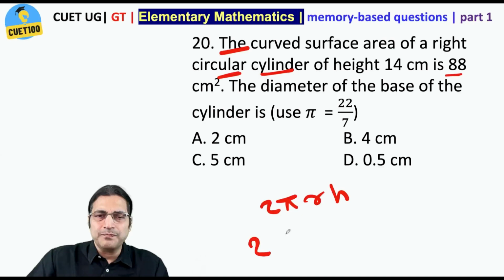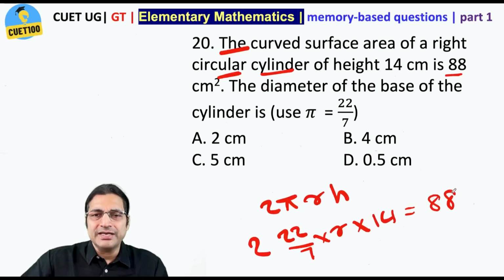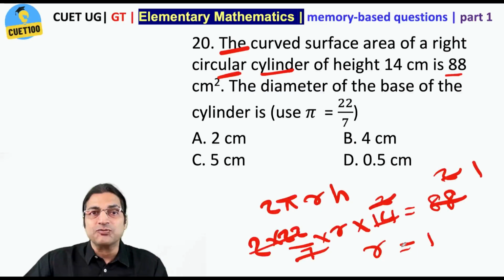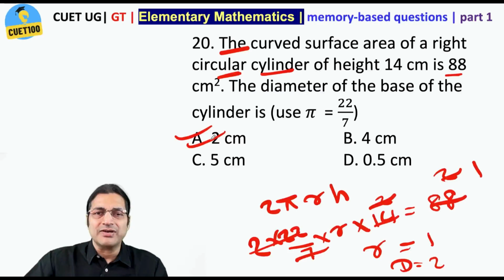So, 2 pi is given to be 22 by 7 into r, and height is given to be 14, and this comes out to be 88. 2 into 22 is 44, 44 into 2 is 88, 7 2 times 14, 2 1 time 2. So, r is 1, the base radius is 1, so diameter would be 2. So, this is our answer.